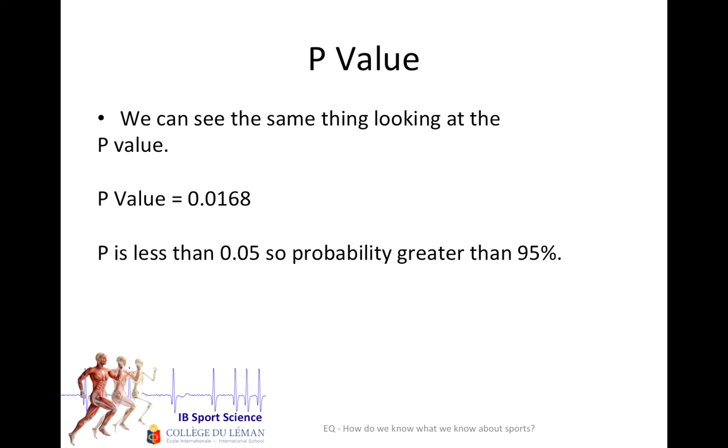And p is less than 0.05, so the probability is greater than 95%. But it's not less than 0.01. So our probability is not greater than 99%. So we can say that the null hypothesis must be rejected, and we must accept our alternative hypothesis that there is a statistically significant difference between the times taken for route A and for route B.